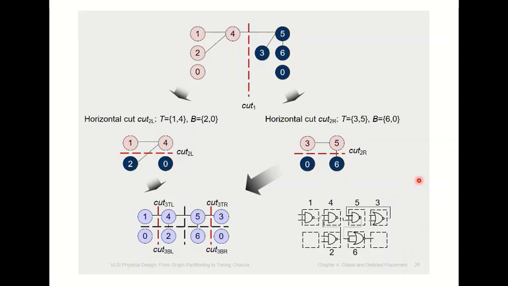You may wonder, after we do the final partitioning, for example 1, 4, 2, 0, why in this case 1, 4, 0, 2 instead of 2, 0? So you can see here why, because when we put 2 here, then 2 can be connected to 4 more easily.